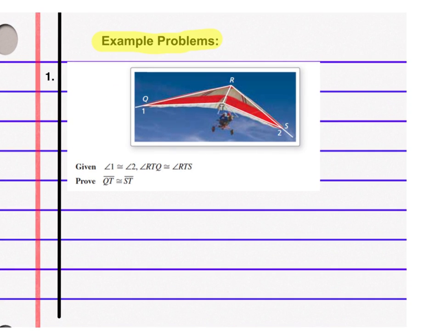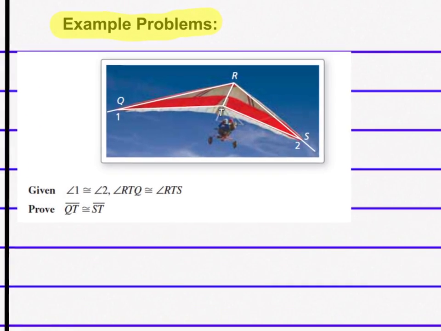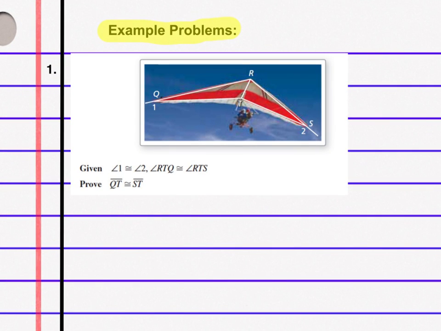So here's our first example. We have kind of a kite type thing, and I'll see if I can write on this to make it a little easier to see. Okay, angle 1, which is out here, angle 1 is congruent to angle 2.